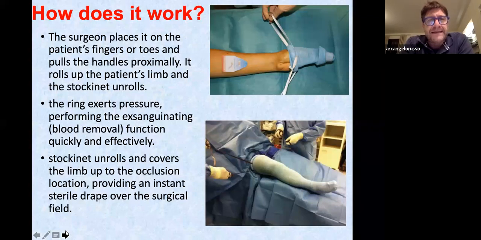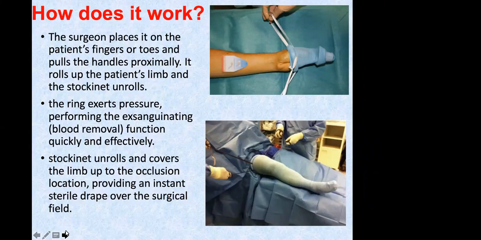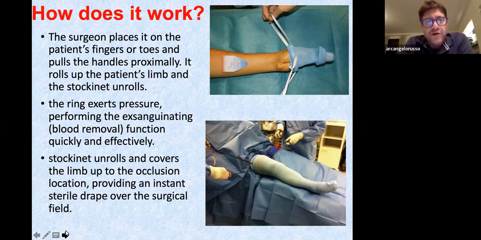The ring exerts pressure, performing the exsanguinating, so blood removal function, quickly and effectively. Stockinette unrolls along the limb at the occlusion location, providing an instant sterile drape over the surgical field.